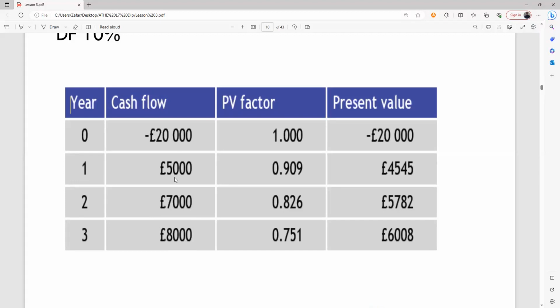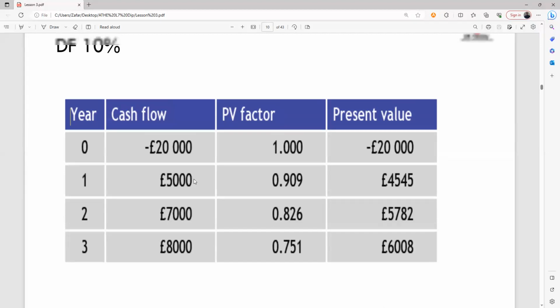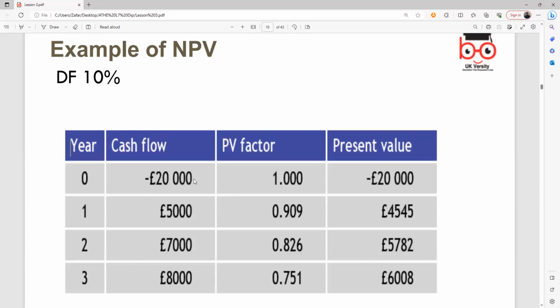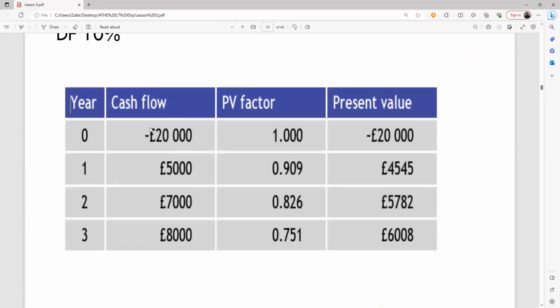What we want to know is how much this project is worth in today's terms. So what you do is you get a present value factor. Today's money we give a factor of 1, because as it now stands we are getting 100% of the value of 20,000.